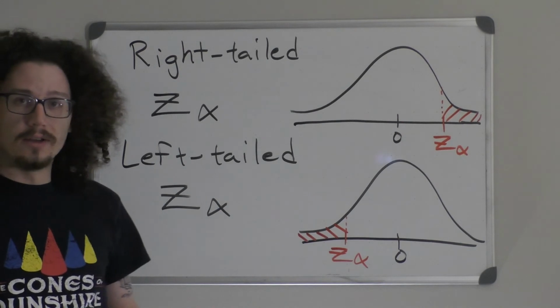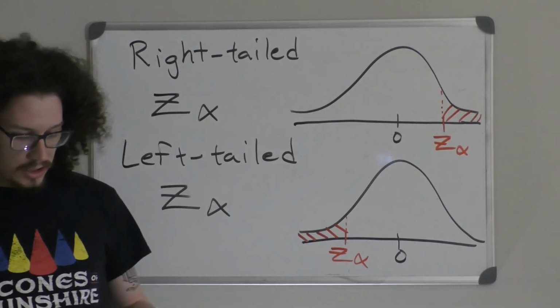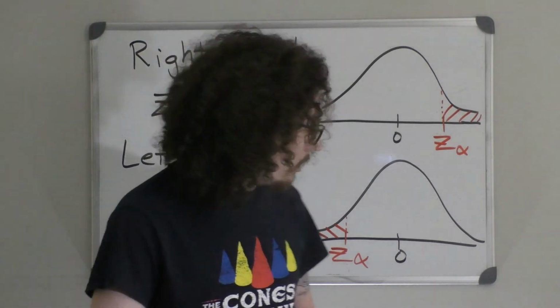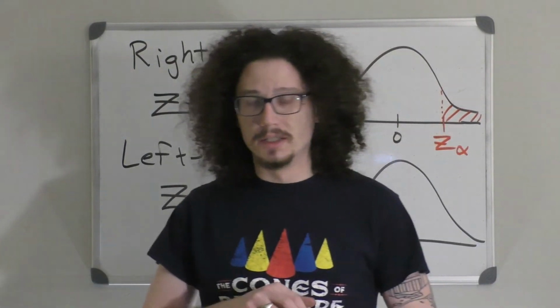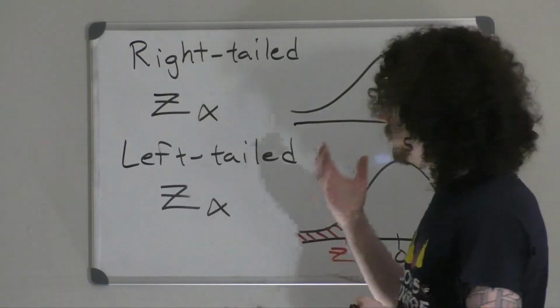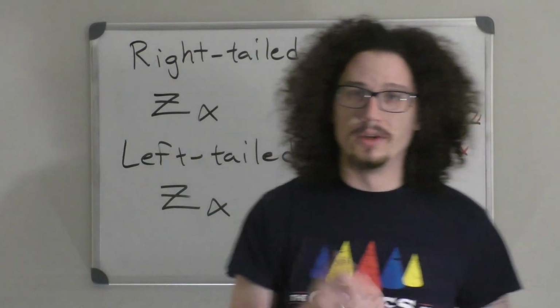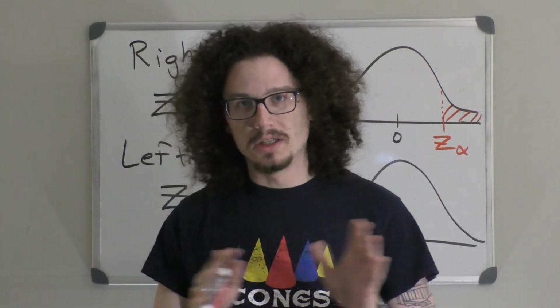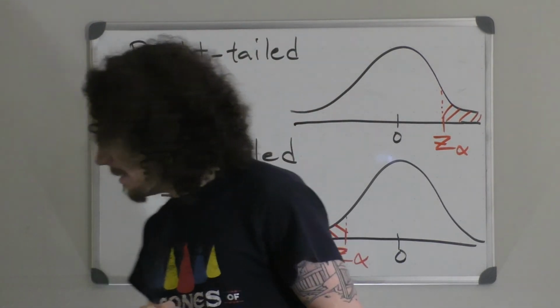But those are our critical values, and they're going to be found just like we were finding them for the two-tailed test and the confidence intervals. It's going to be done exactly the same way.